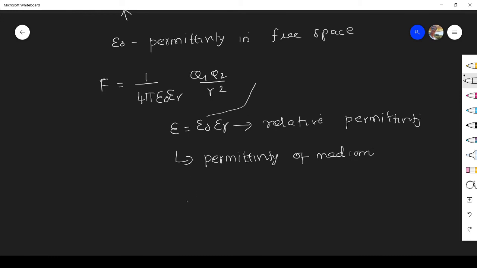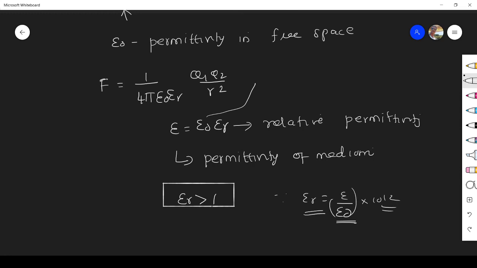We must remember that epsilon r is always greater than 1. Because epsilon r is equal to epsilon by epsilon naught, and epsilon naught is 8.854 into 10 power minus 12. So it is in the denominator as 10 power minus 12, which comes to the numerator as 10 power 12. So it is always greater than 1.